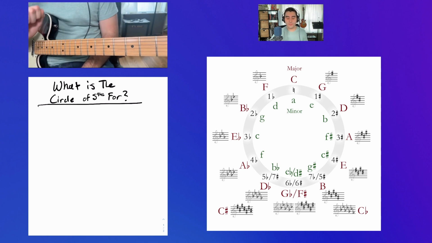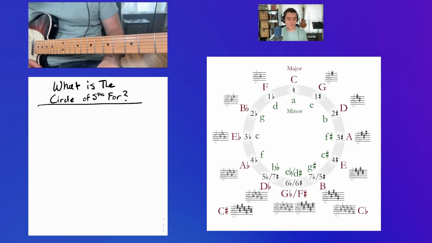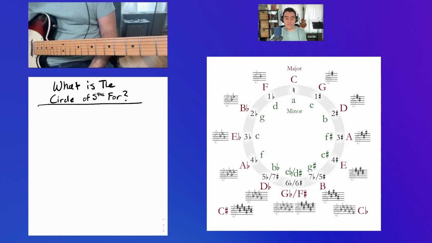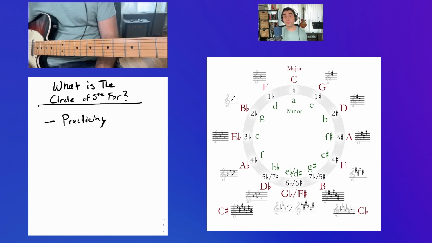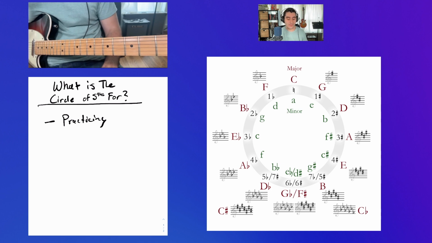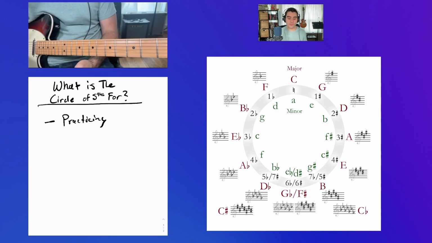So let's go over what the circle of fifths is even for, in my opinion. To me, the circle of fifths is literally for practicing. What I've used it for is essentially practicing things in all keys.